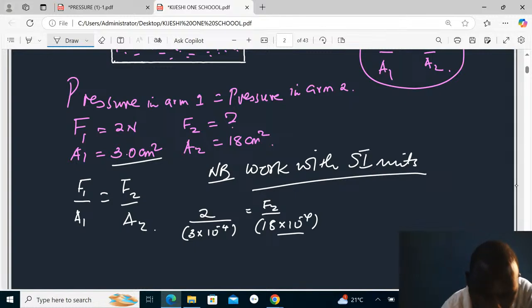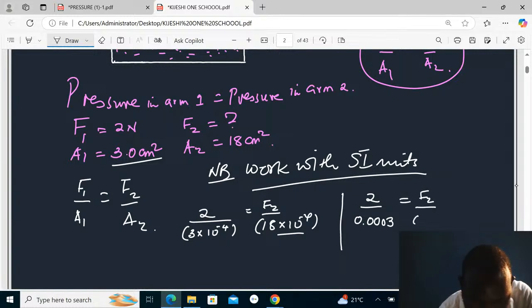This one, for those who don't go for the long way, who want to be very simple, can say 2 divided by 0.0003 is equal to F2 over 0.0018.